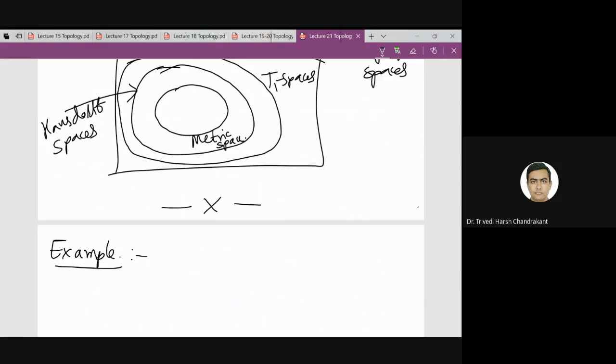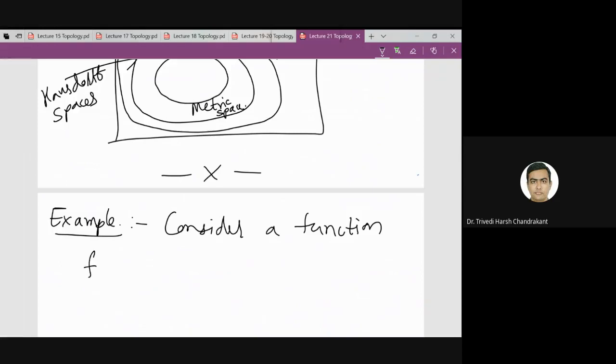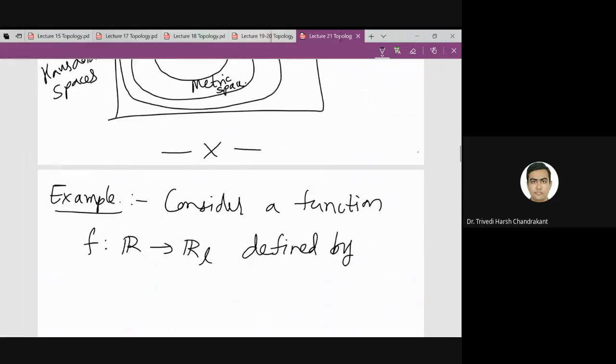Consider a function f from R to RL, defined by f(x) equal to x for all real numbers x.